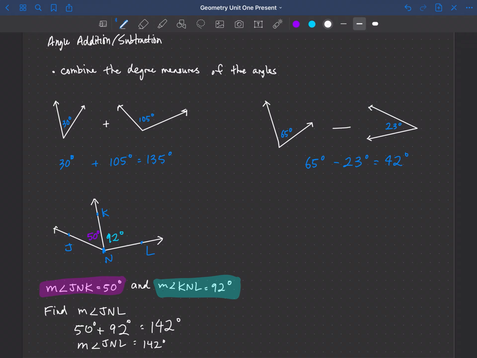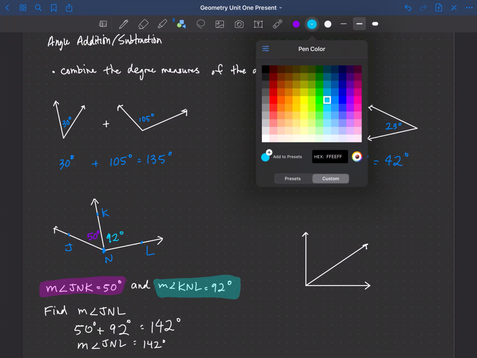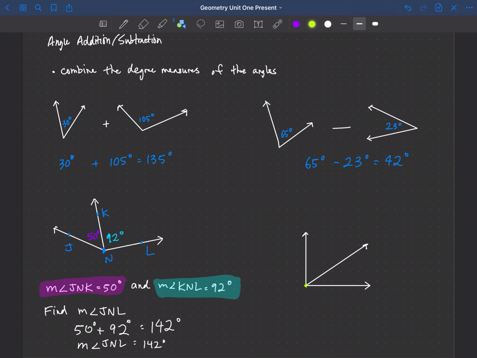Let's do one more. Okay. So I labeled a couple here as M, N, O, and P. Alright, so same thing.